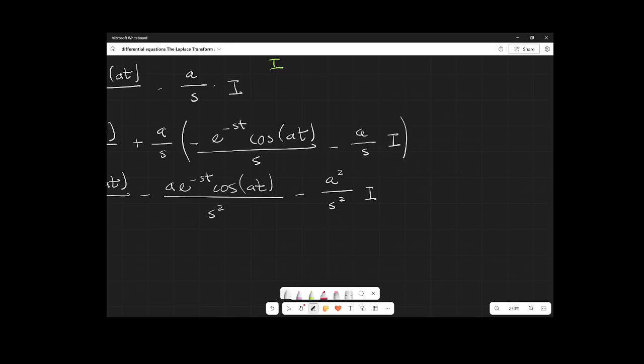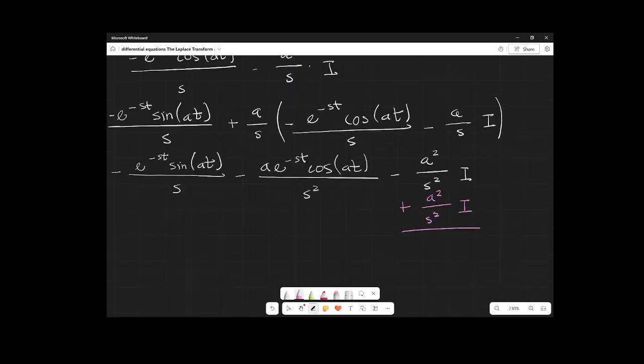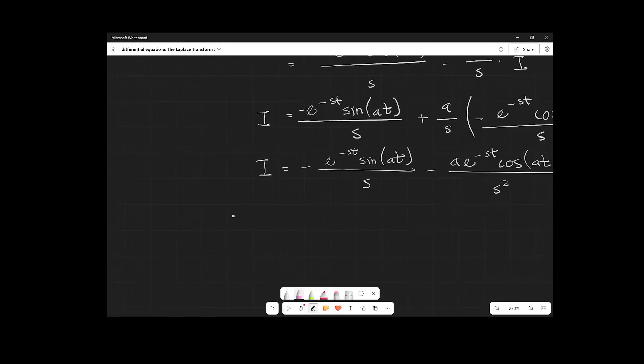let's do this in a different color so we can see it very clearly. I'm going to add this to both sides, so this factor times I to both sides of the equation here.